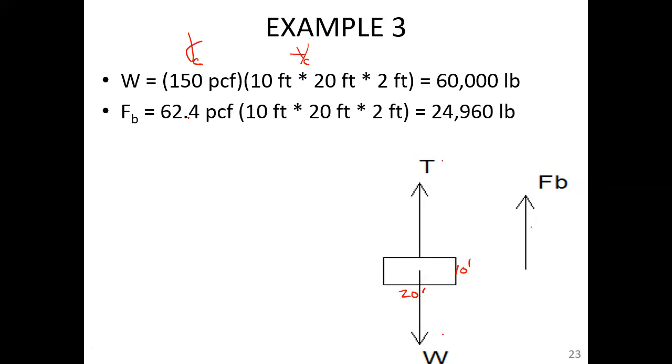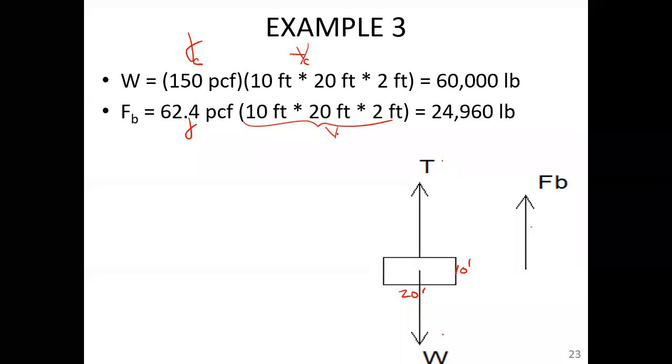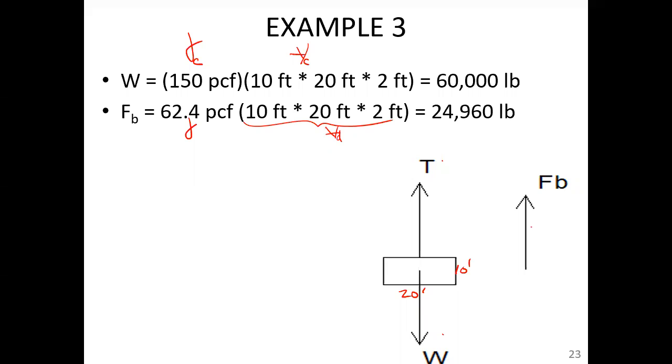Buoyant force. Buoyant force is the specific weight of the fluid in this case, which is water. And if you ever see it, seawater doesn't have the same specific weight as water, right? Seawater is a little heavier. So this would be the specific weight of the fluid in this case, and all of this is the volume displaced. And because it's completely sunken, it's the same volume as the volume of the panel.